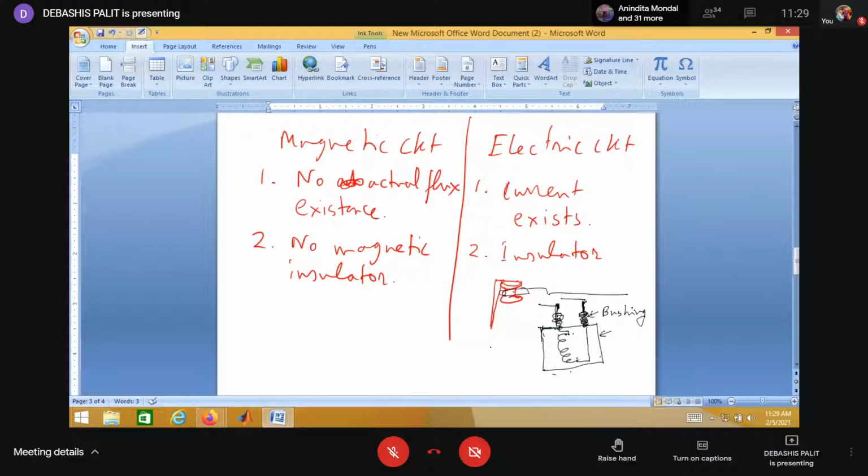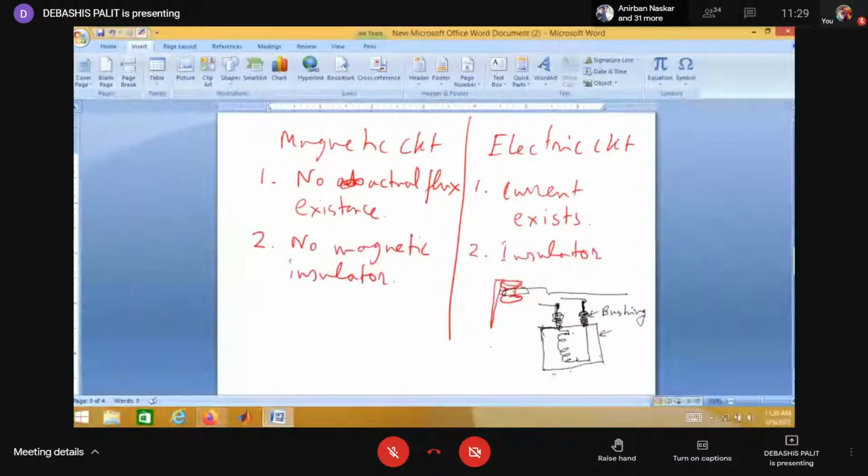You understand my point? There is a limitation of increment of number of turns. You cannot infinitely increase the number of turns, but you can increase the current using superconductive wire. Current can be 1,000 to 10,000 times more than a copper conductor in cryogenic temperature.